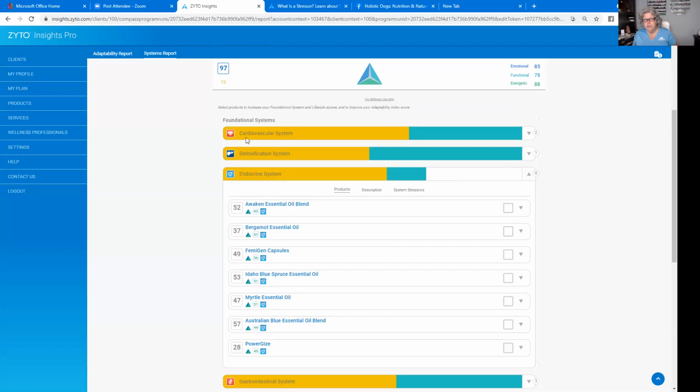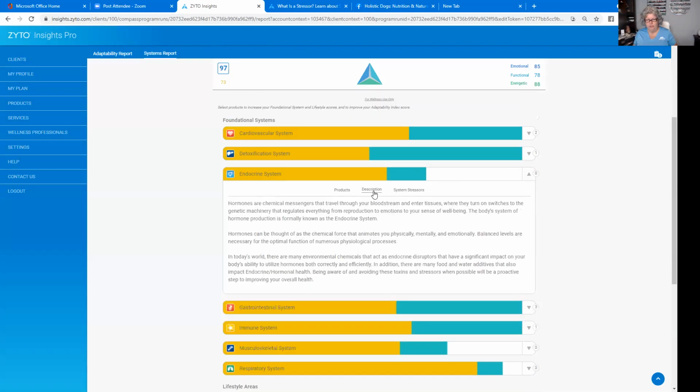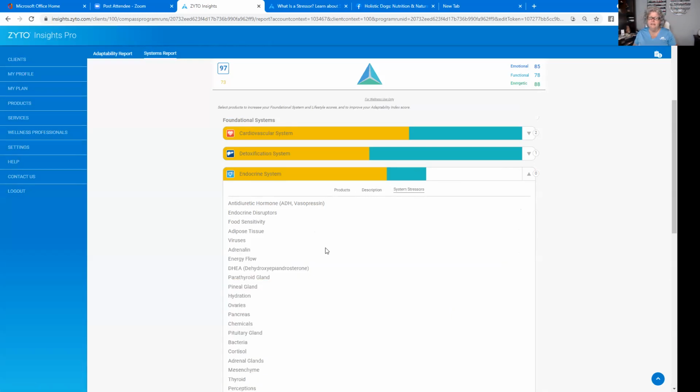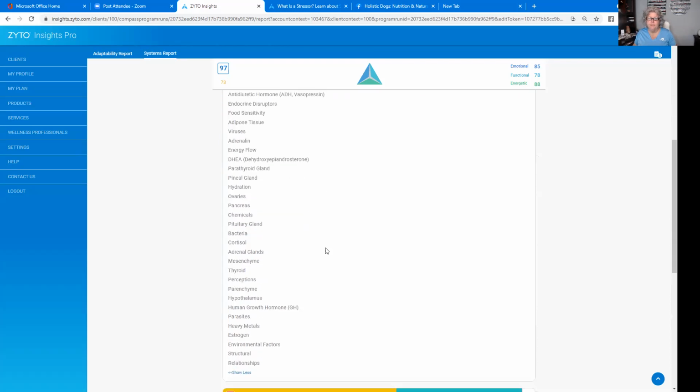While we're here, each of these categories has a description, right, about why it's relevant, and then a list of system stressors: things that can create a problem in that system of the body, or things that can make it feel taxed or overburdened or challenged in some way, things that can make it feel deficient, things that are not supplying its full range of needs to perform at its optimum work.